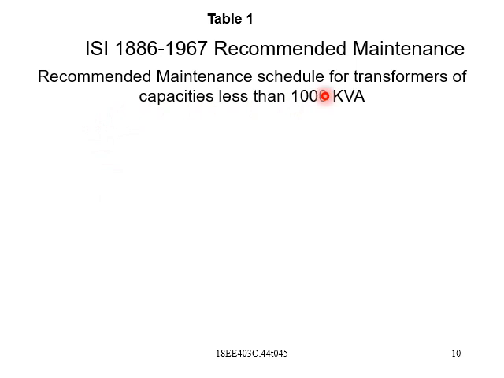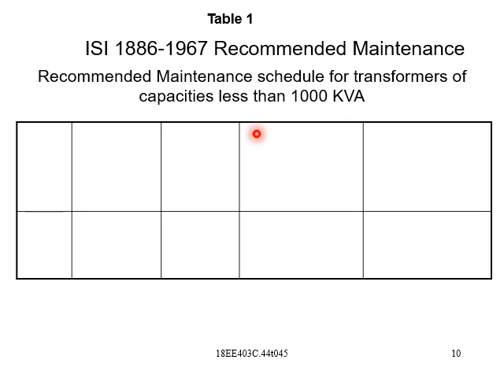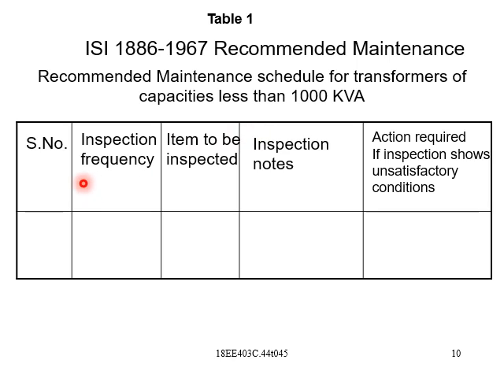So the recommended maintenance schedule for transformers of capacity less than 1000 kVA: firstly the serial number, the next column is inspection frequency, the item to be inspected, and inspection notes, what kind of action is required if inspection shows unsatisfactory conditions.